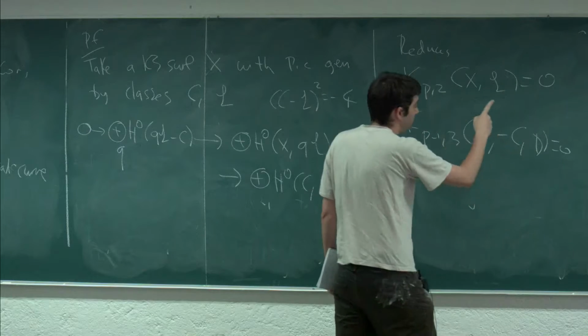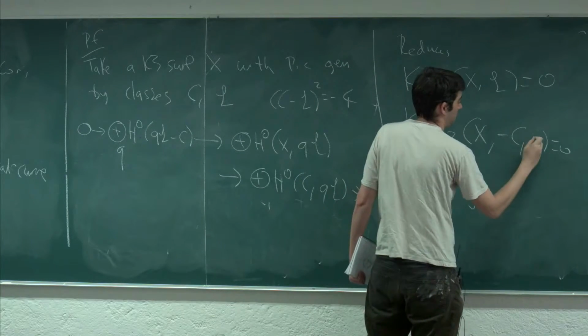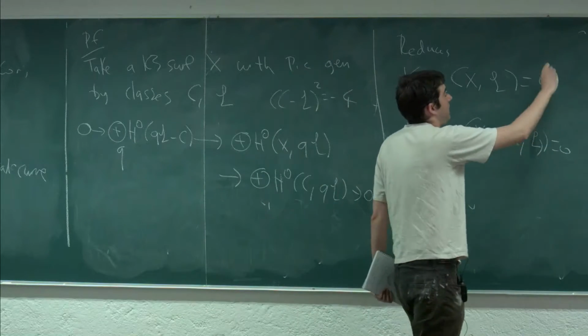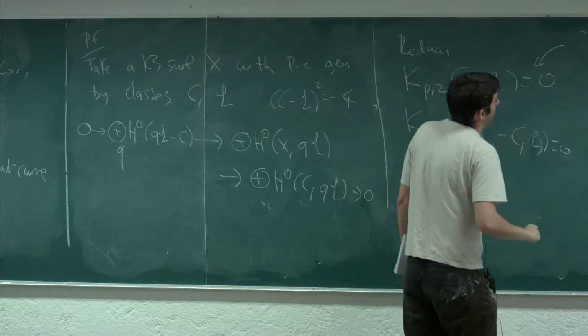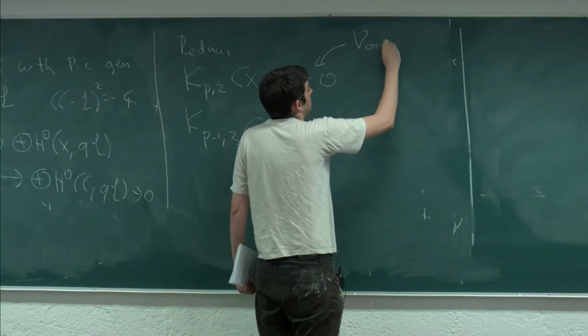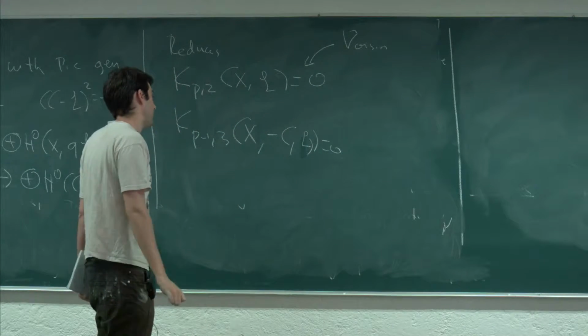And then using the Lefschetz restriction theorem, you can restrict these statements to sections of L, and then this guy is given by this theorem of Voisin, proving Green's conjecture for canonically embedded curves on K3 surfaces.